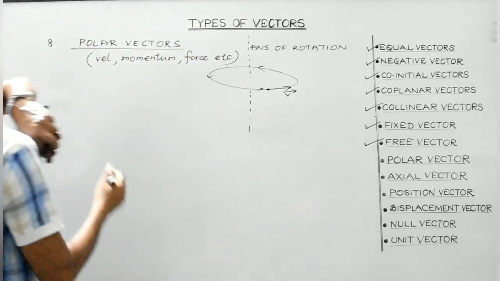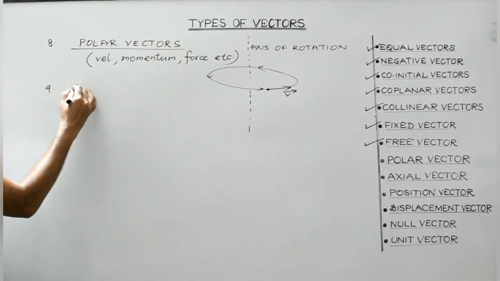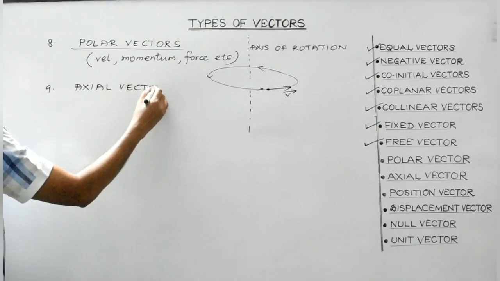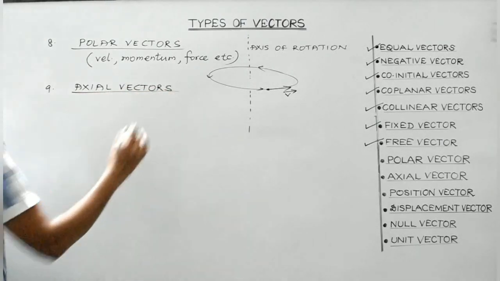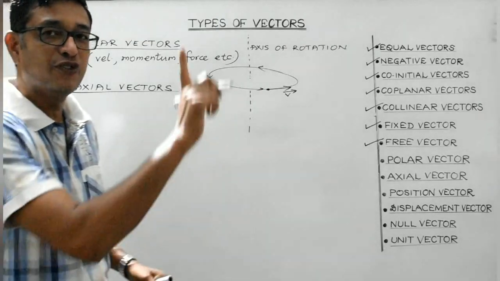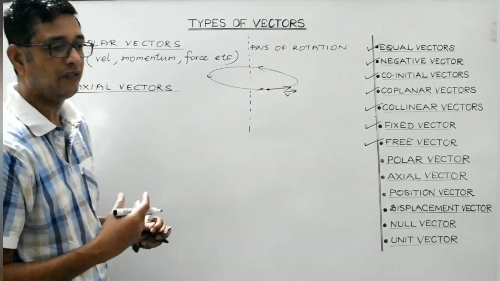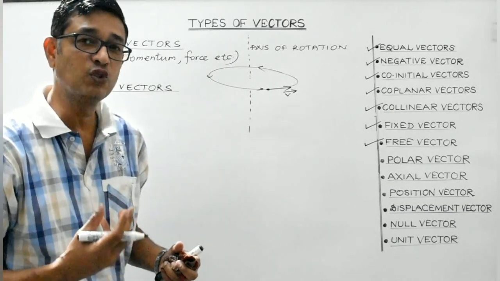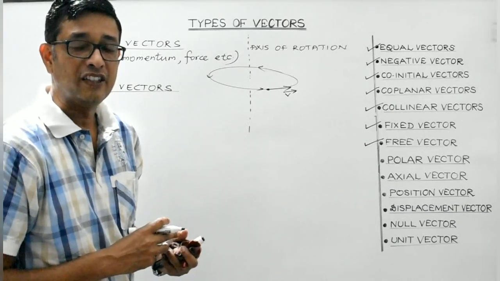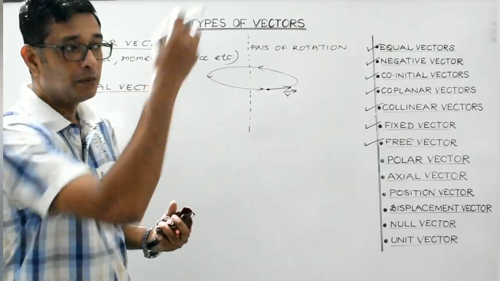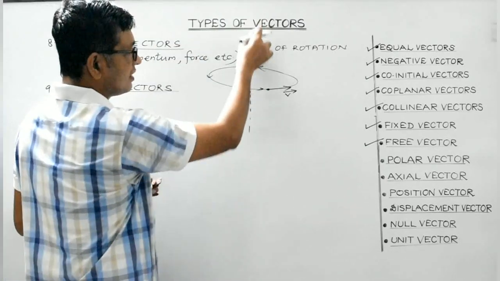On the other hand, axial vectors. Axial, as the term suggests, these are the vectors which act along the axis of rotation of a body. Axial vectors, actually these are the vectors which sometimes are also known as pseudo vectors. They are used in rotational motion when a body rotates about a given axis, like this is the axis of rotation.